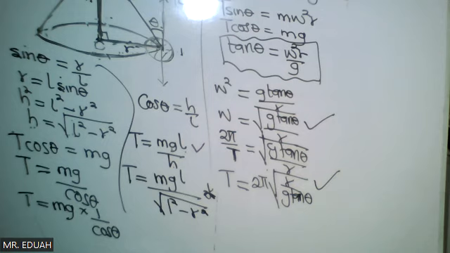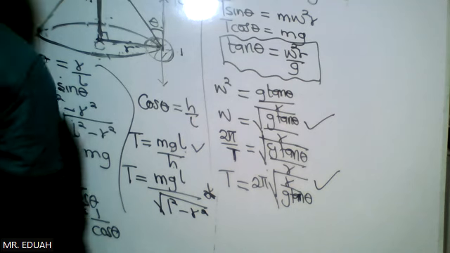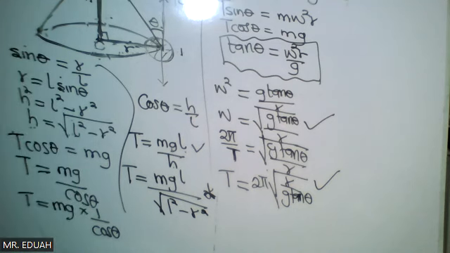An object of mass 10 kg is whirled round a horizontal circle of radius 4 meters by a revolving string inclined to the vertical.